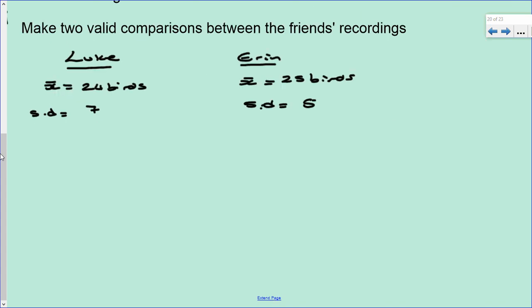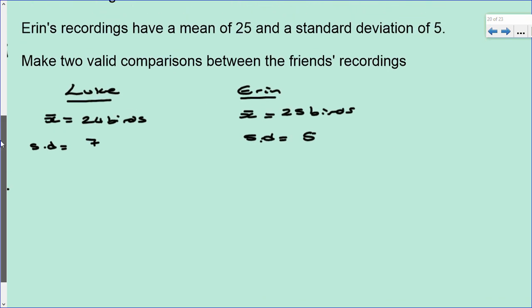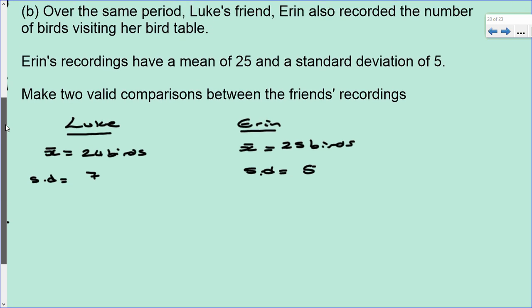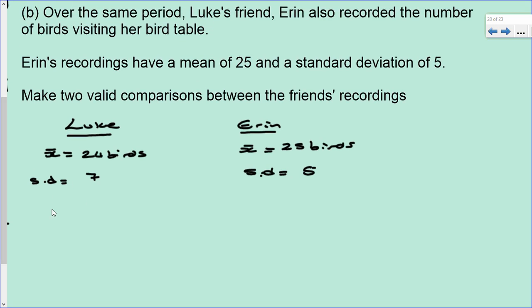So sentence number 1, we need context, we need to compare our averages, and then we need a comparison. So straight away, I'm writing "on average". Now, because we're looking at the number of birds visiting the bird table, we can say on average, here we've got the number 24 and the number 25.